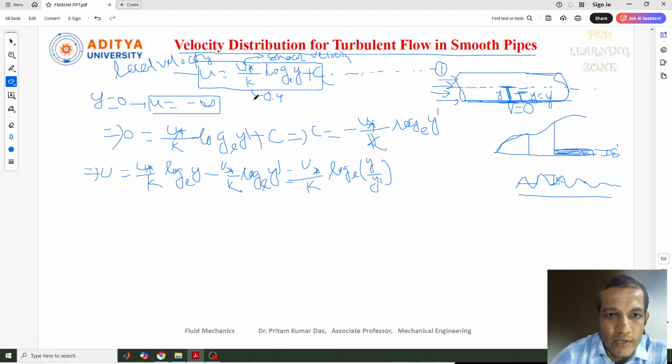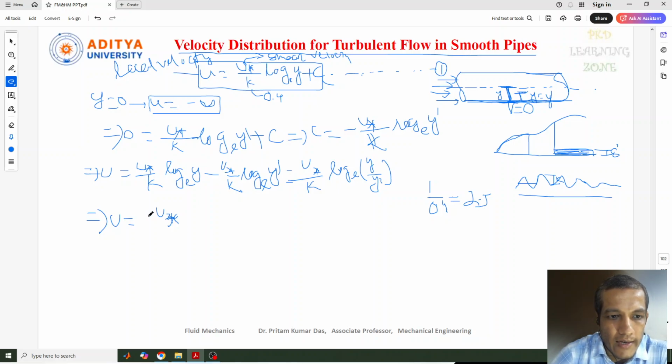Now let's put the value of k, the kappa constant, k equal to 0.4, in this equation. So what will we get? U equal to u star, and if I put the value of 0.4 here, then 1 by 0.4 is nothing but 2.5.